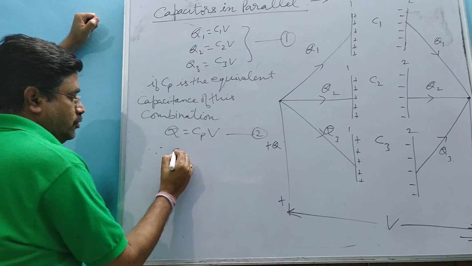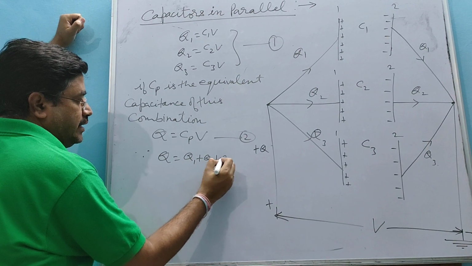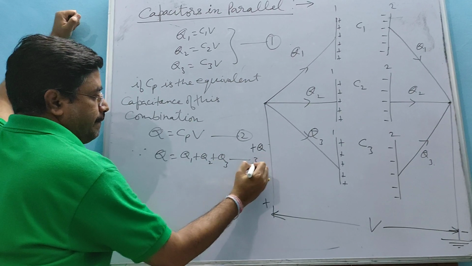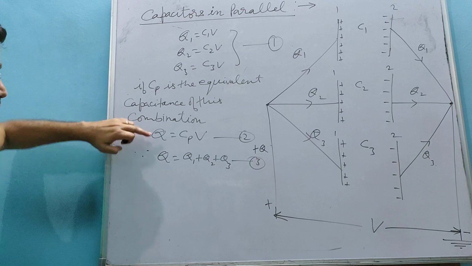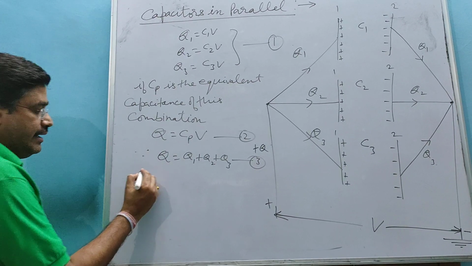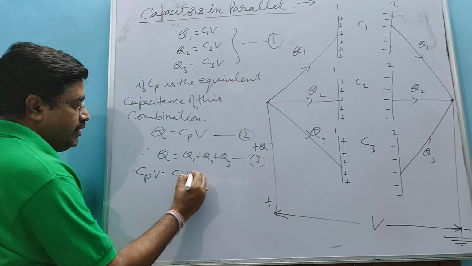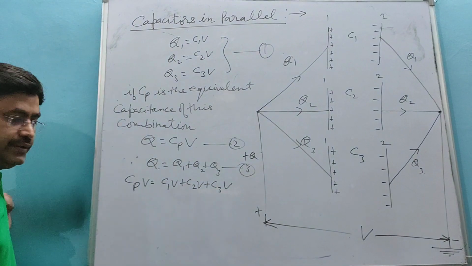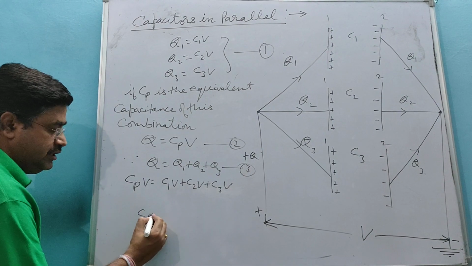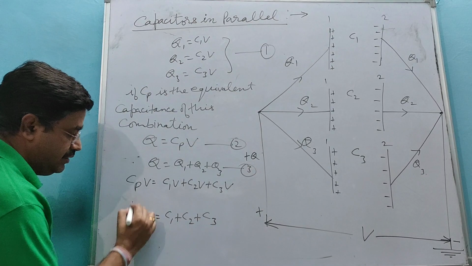Since Q equals Q1 plus Q2 plus Q3, put the values from equation 1 and 2 in equation 3. I can write CpV equals C1V plus C2V plus C3V. Cp equals C1 plus C2 plus C3.